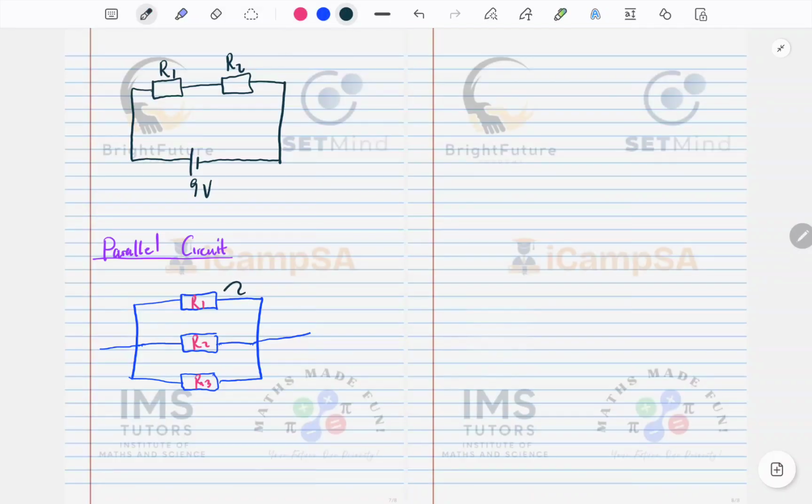If you want to measure voltage, we can measure it like this. Put it here, then you can measure voltage here. So now let's start with voltage actually.